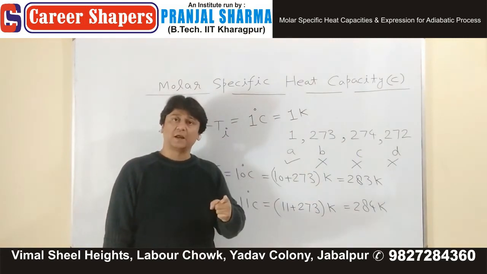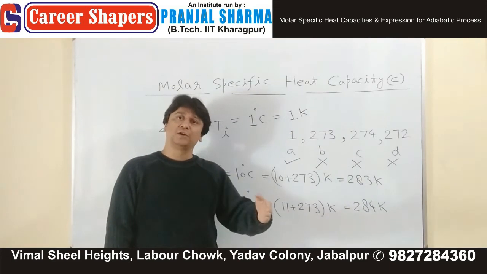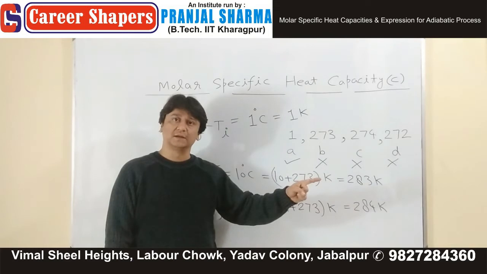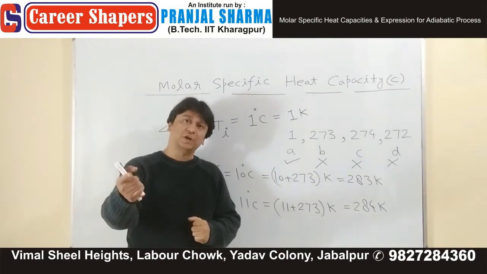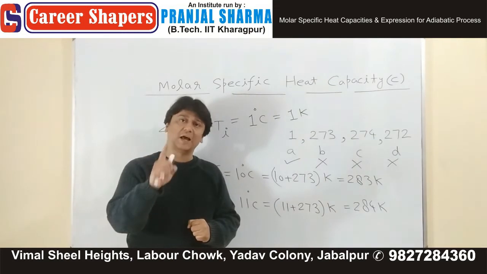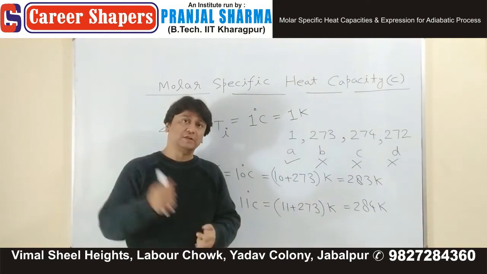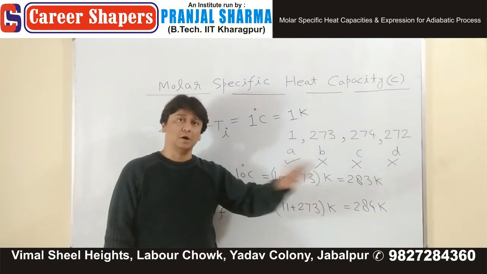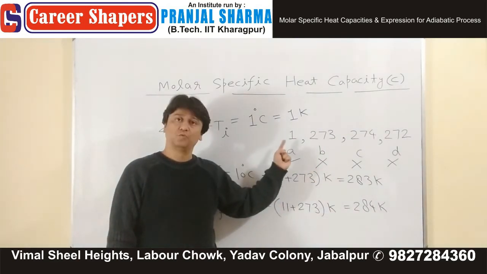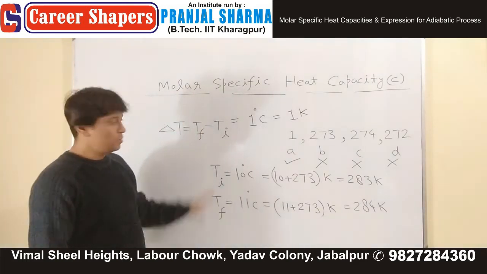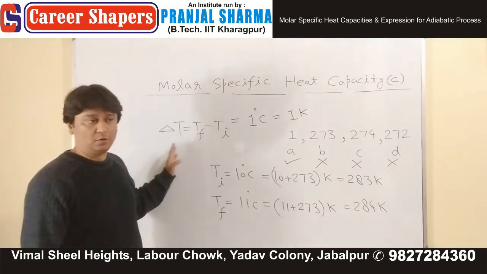So when I say you are increasing the temperature of a gas by 1 degree Celsius, you are increasing it by 1 Kelvin only. You're not increasing the temperature by 273 plus 1. It's only 1 Kelvin. Do you understand this part? Yes or no?